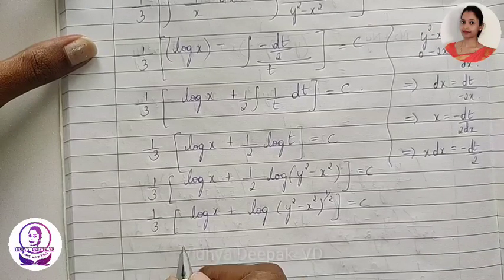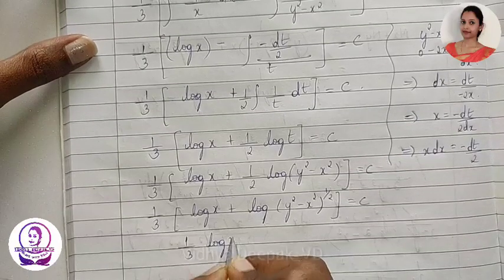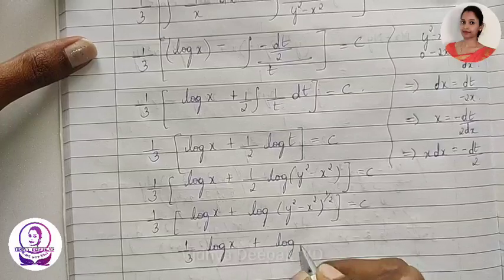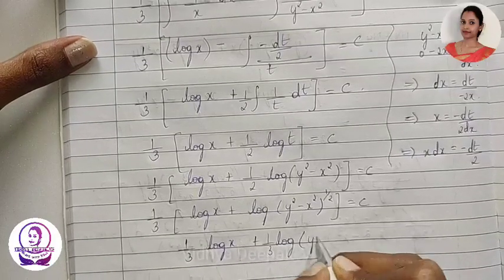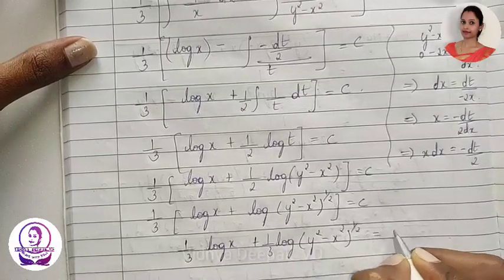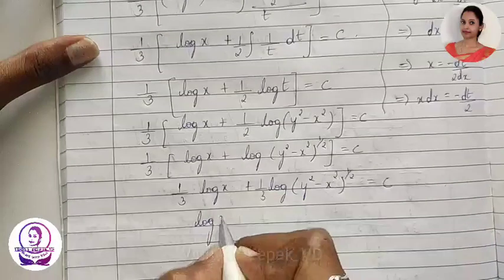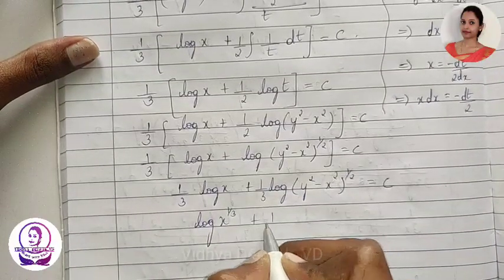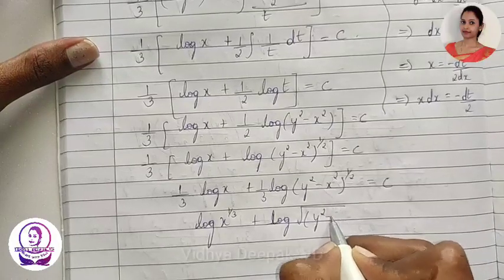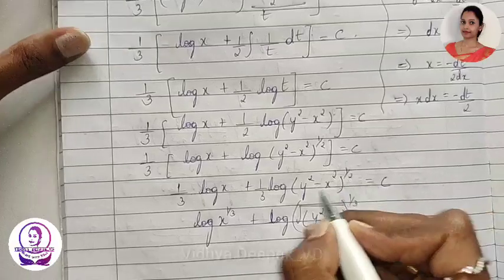Bringing the 1 by 3 inside, I have 1 by 3 of log x plus log of (y square minus x square) to the power of 1 by 2 is equal to c. Now I have log of, take this as the power, x to the power of 1 by 3 plus log of square root of (y square minus x square) to the power of 1 by 3. 1 by 2 is nothing but square root.